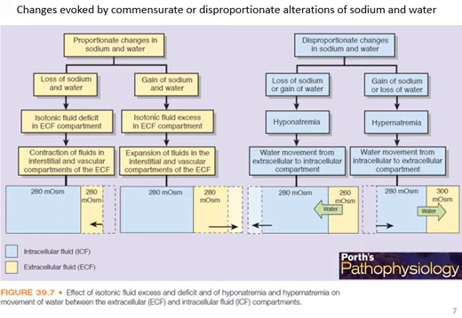So when you have a proportionate change in sodium and water, then it means that isotonic fluid is taken up in excessive amount or lost in excessive amount. The other mechanism, the opposite block, involves those mechanisms when you will lose disproportionately sodium or water.